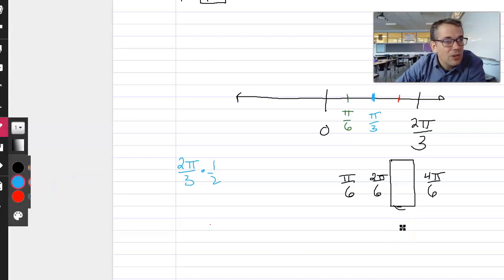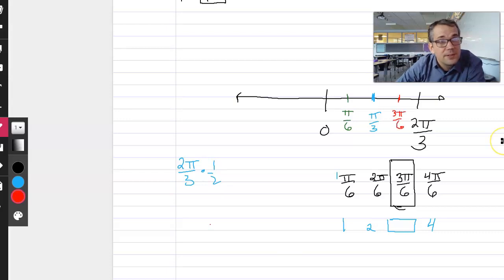So we're essentially looking at the pattern from the numbers 1, 2, I don't know what, and then 4. What goes in that blank? Whatever goes in that blank is going to go here, and then of course there's also a pi and a 6. So this red mark is 3 pi over 6.